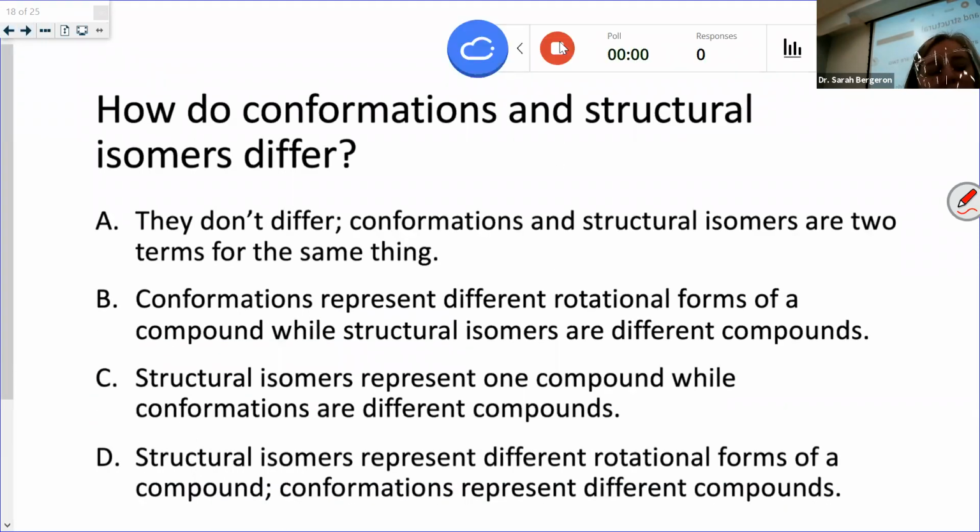Okay. So how are conformational and structural isomers different?